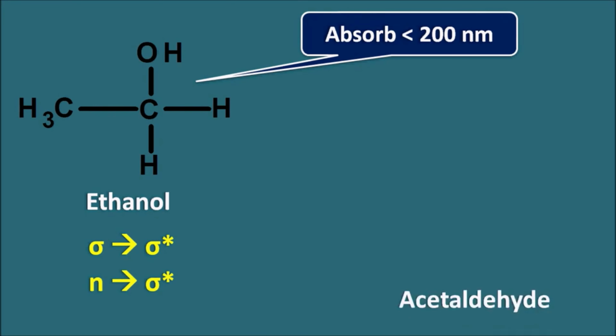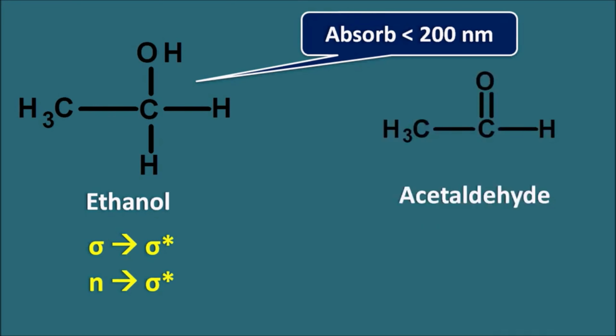Similarly, if you take another compound like acetaldehyde, we can observe all types of electrons, so it can undergo all types of transitions. Along with the sigma to sigma star and n to sigma star, it can also undergo pi to pi star and n to pi star transitions. So acetaldehyde will absorb in a region above 200 nanometer because it shows the pi to pi star as well as n to pi star transitions.